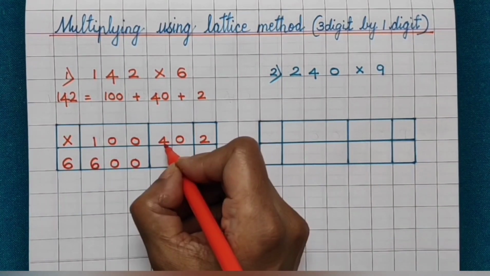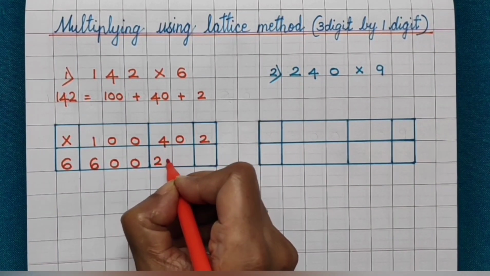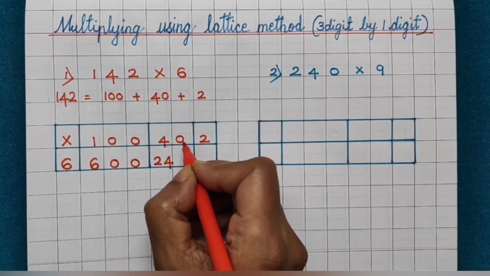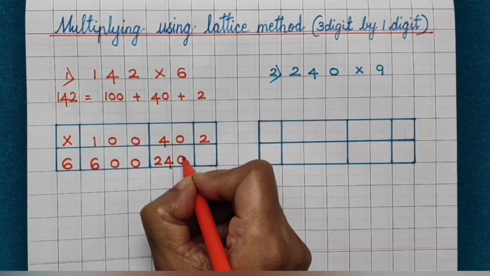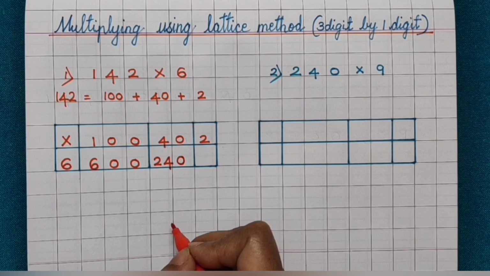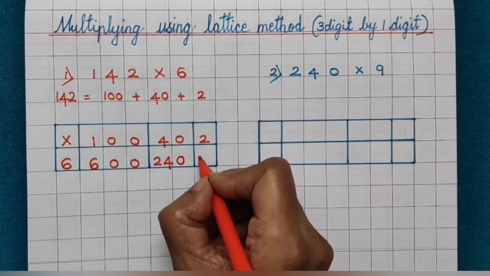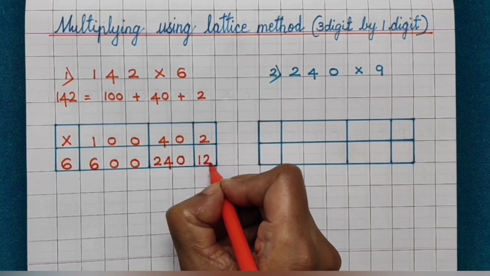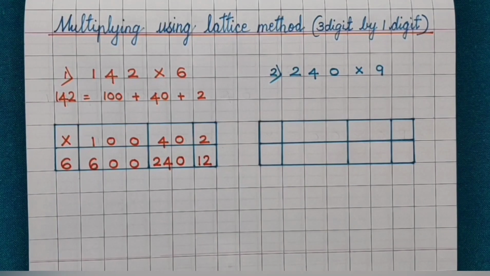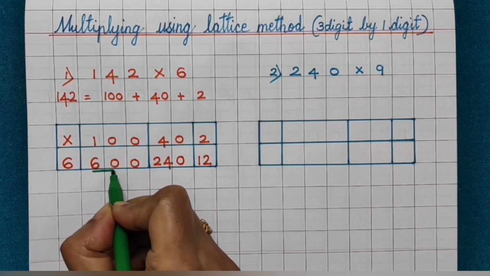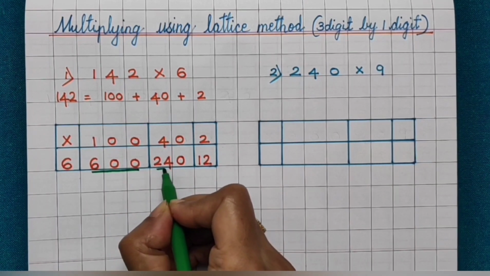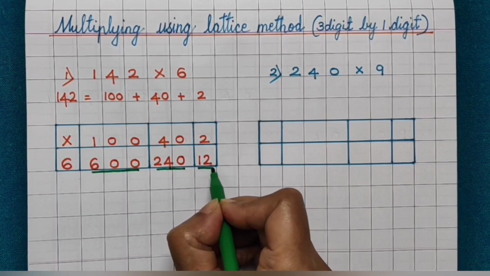Now 6 fours is 24. How many zeros? Single zero, 240. And 6 twos is 12. Now we need to add all these three numbers. We need to add 600, 240 and 12.